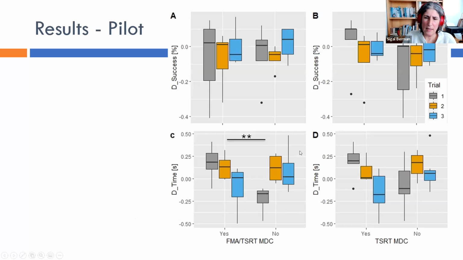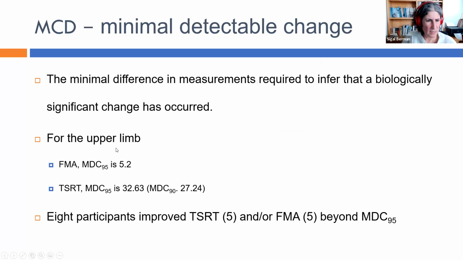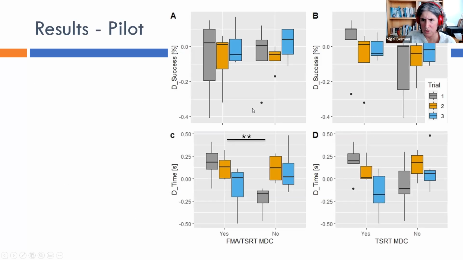We did see, and this is the last slide that I will show today, that patients that did not improve, and here on the right, patients that improved the TSRT more than the MDC, which is the minimal detectable change, meaning that there was a biologically significant difference.